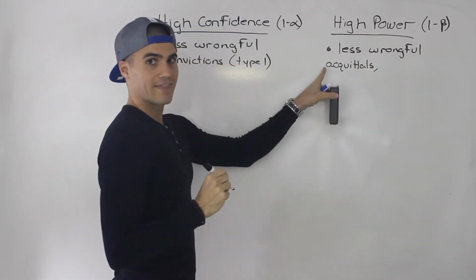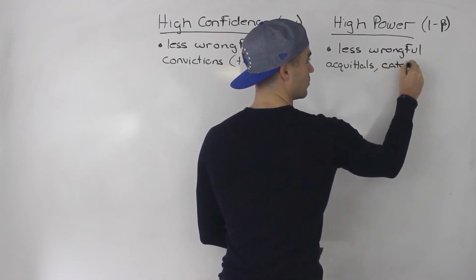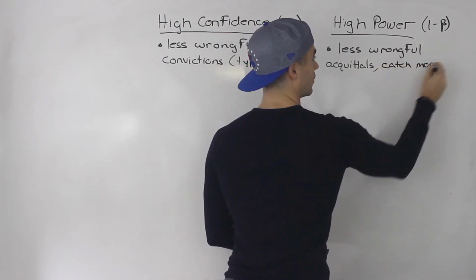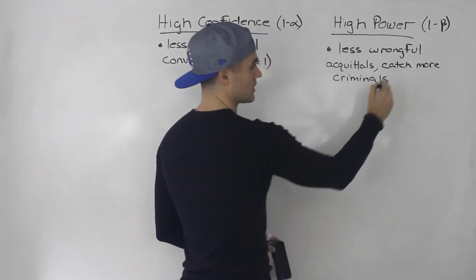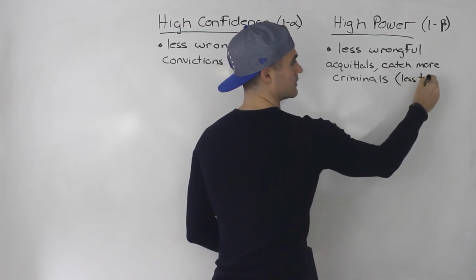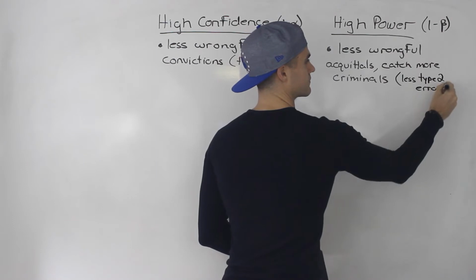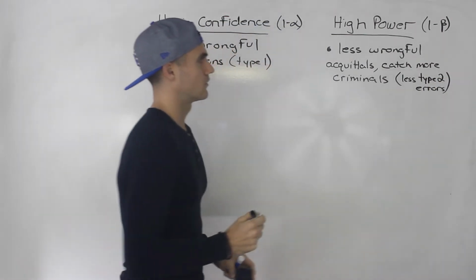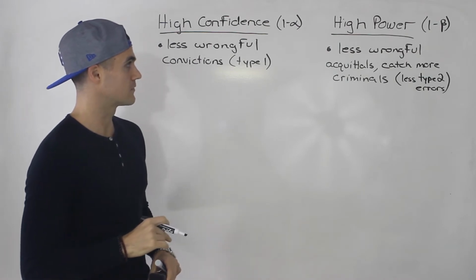Another way of looking at this is you want to catch more criminals as a high power judge. And so you want less type 2 errors, right? Less guilty people being set free.